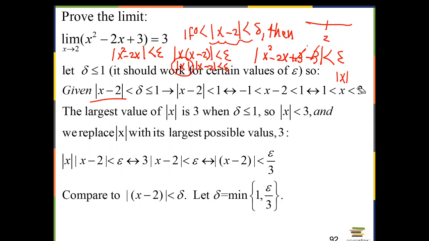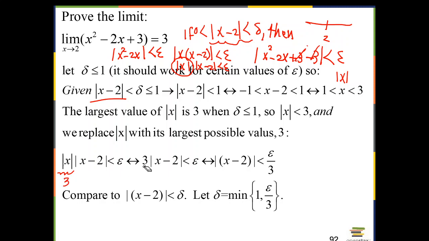which is basically the maximum it could be is 3, right? So we're going to go back here in this problem that we had. So we're going to go back here and say, okay, instead of absolute value of x, I want absolute value of x times this to be less than epsilon. So I'm going to make absolute value of x as big as it could be, which is 3.